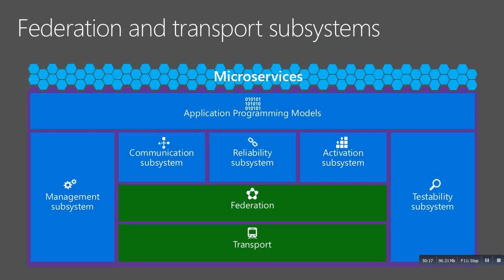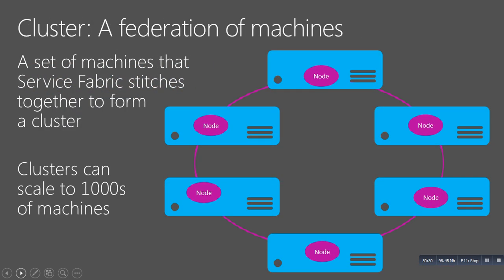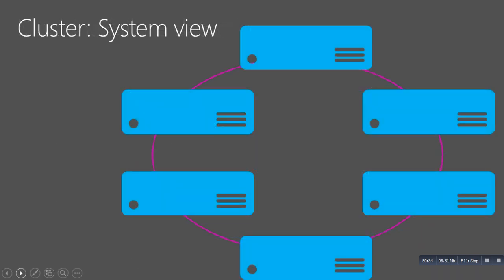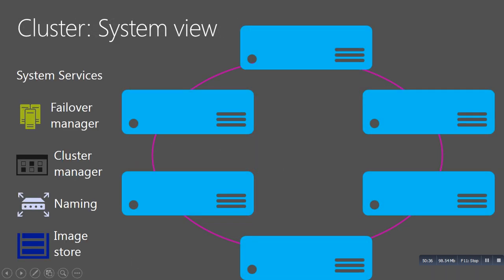We have system services like failover manager, cluster manager, naming service, and image store, where our deployable image will be stored, and also for new machines we have the image store for that request.